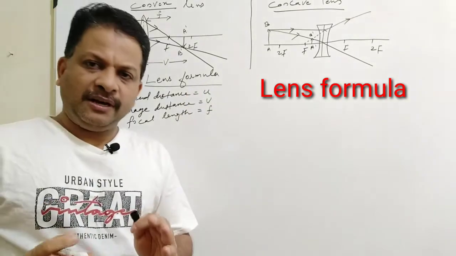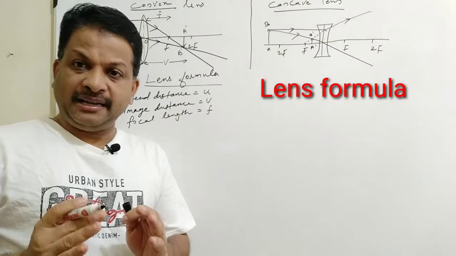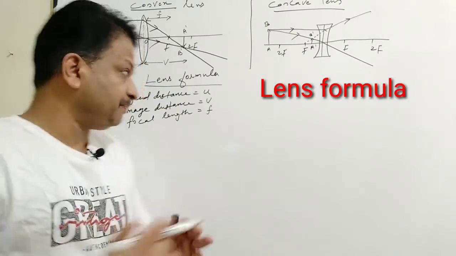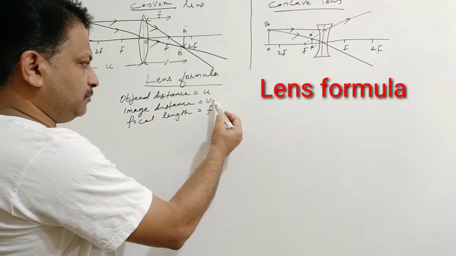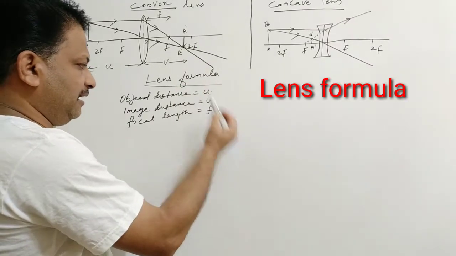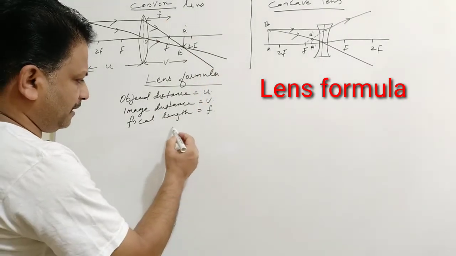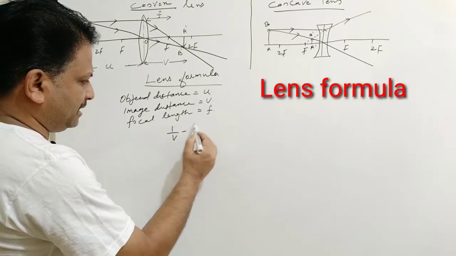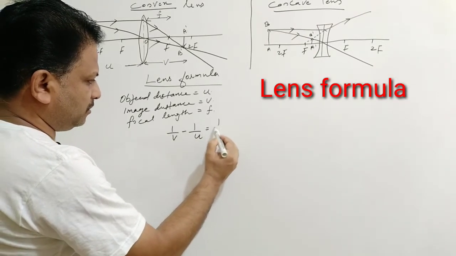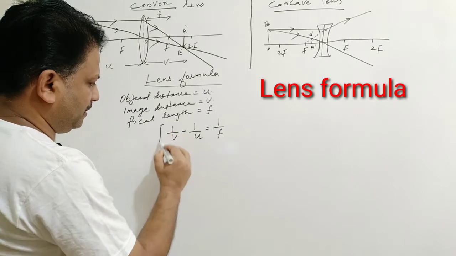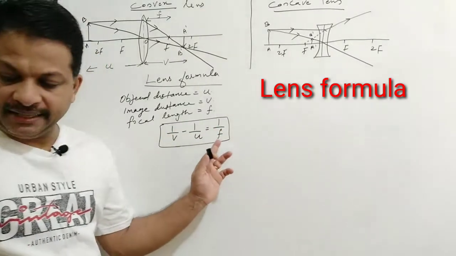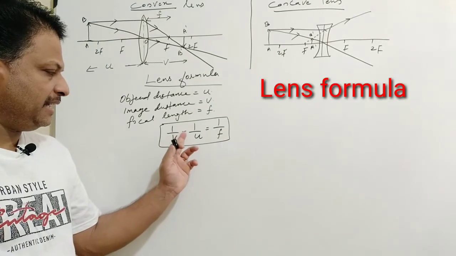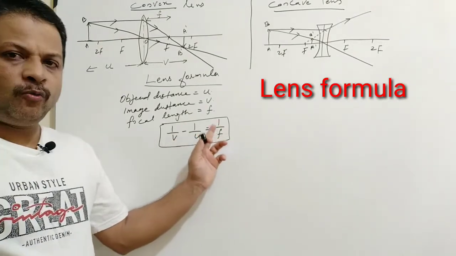It is expressed as 1 by v minus 1 by u is equal to 1 by f. What is the lens formula? The lens formula is given by the expression 1 by v minus 1 by u is equal to 1 by f.